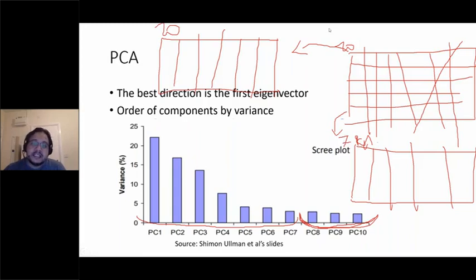In many cases, for example, when we have 1,000 dimensions and we run the PCA, in practice we can end up with 10 dimensions containing 90% of the variance or more. It happens a lot in many cases, guys.